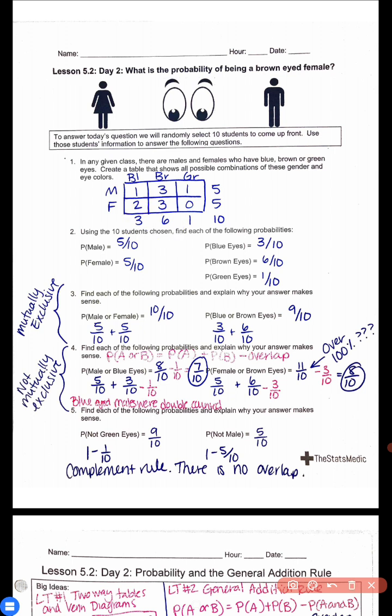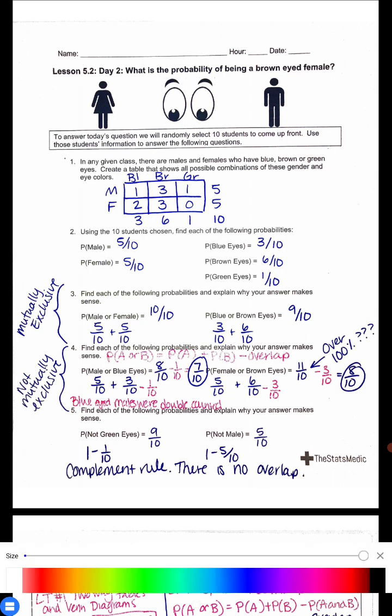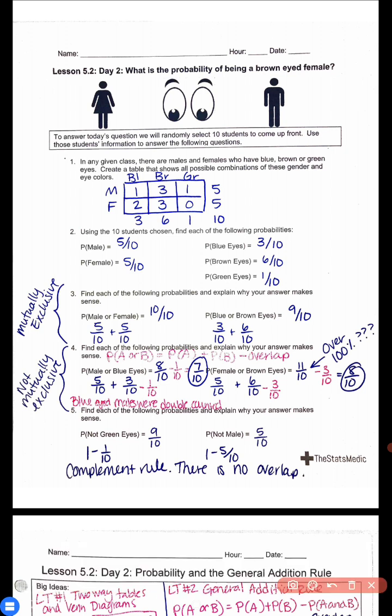It does get a little more challenging if we have a situation that is not mutually exclusive. For example, if I asked you to find the probability that someone is male or they have blue eyes, I'm going to circle this on the table. Here's the people who are male.